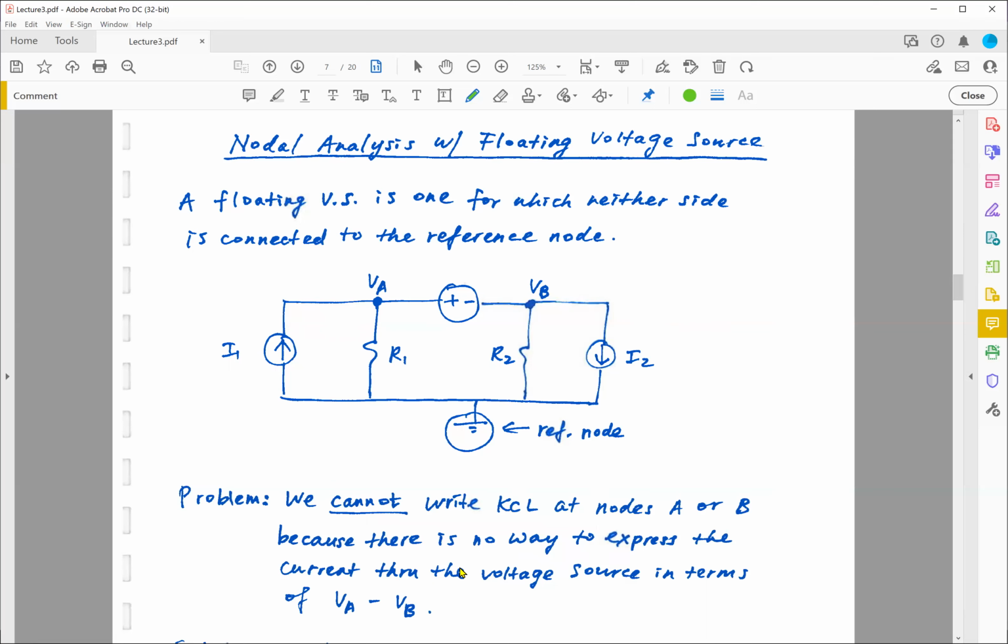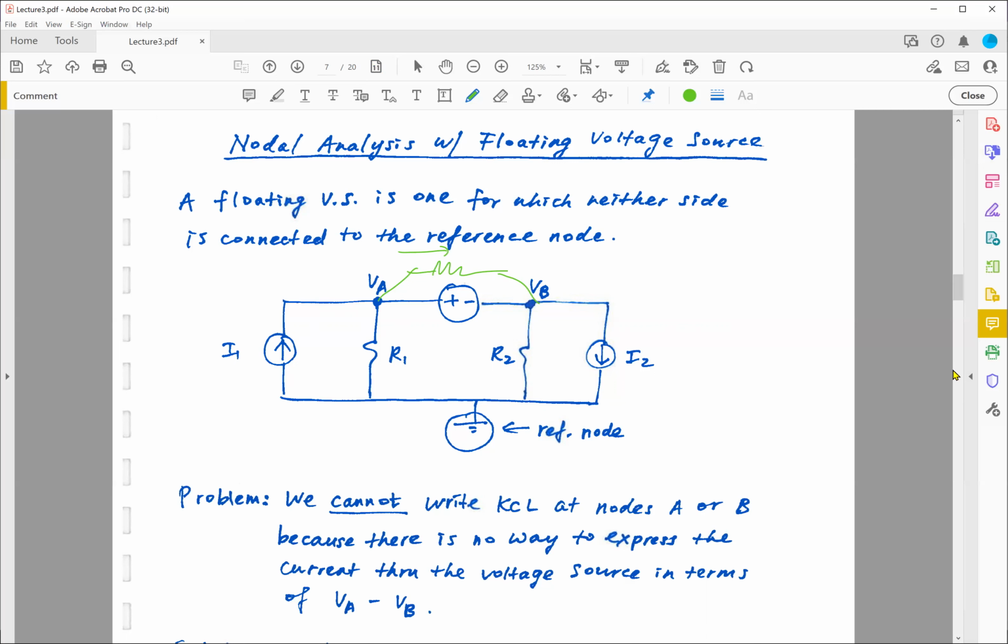Now remember, to represent the current flowing out of this node, we take VA minus VB divided by some resistor, assuming this resistor is connected between VA and VB. Just like in the examples before, I can simply calculate this current by taking VA minus VB divided by whatever this resistor is.